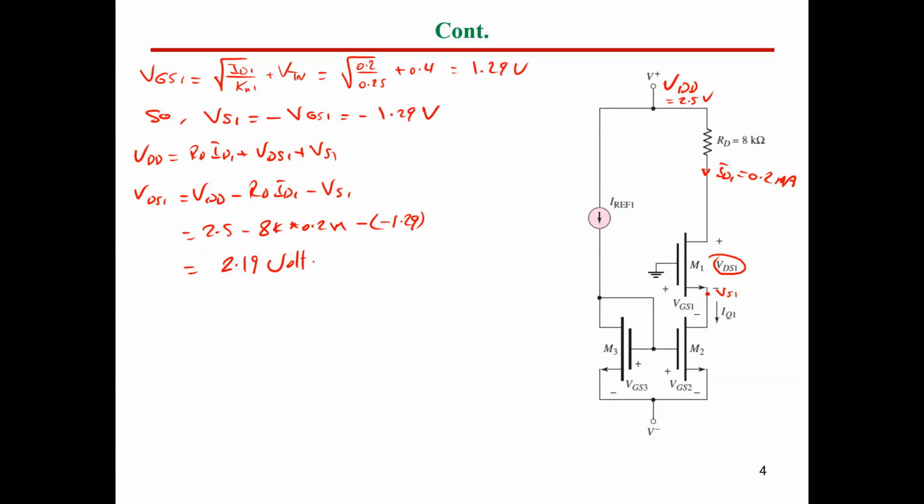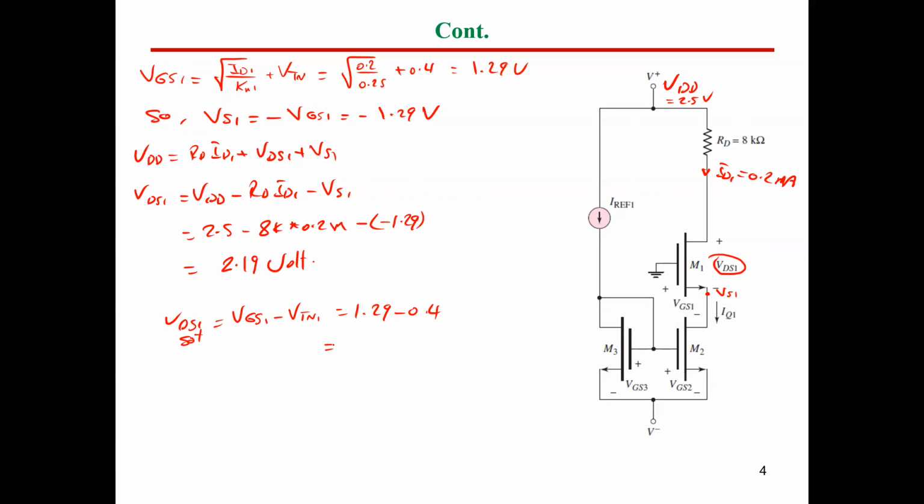Now, in order to figure out if this transistor is working in saturation or not, what is the value of VDS saturation? You know that VDS1 saturation can be obtained as VGS1 minus VTN1. We already calculated VGS1, it's 1.29 volt, so 1.29 minus 0.4.